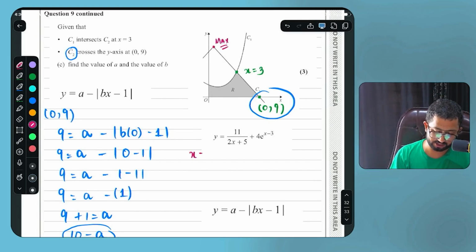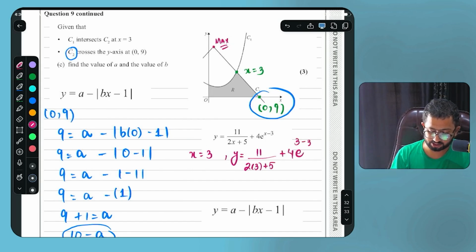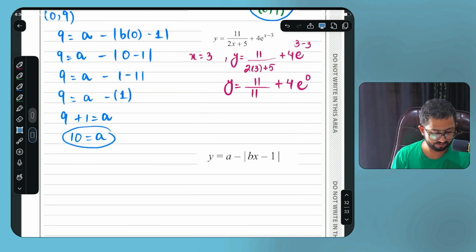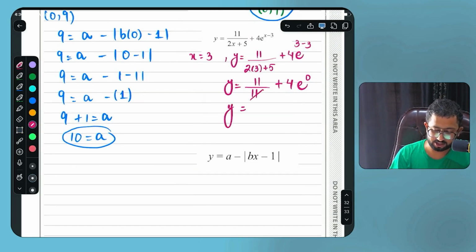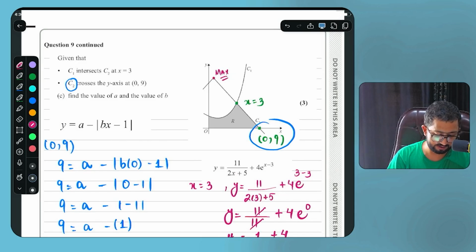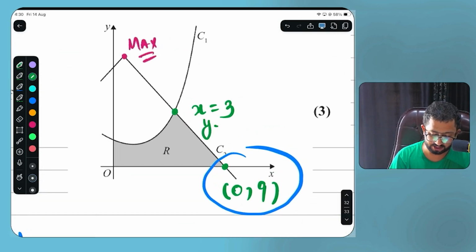So I can put x equal to 3 to find the value: 11 over 2 into 3 plus 5, plus 4 into e raised to power 3 minus 3. 6 plus 5 is 11, plus 4 e raised to power 0. Anything raised to the power 0 is 1. Cancel out, so 1 plus 4, so y will be 5. So this point is where x equal to 3 and y is 5.